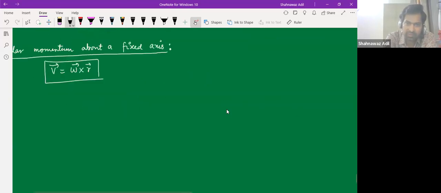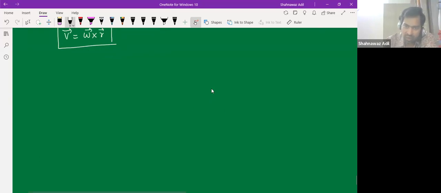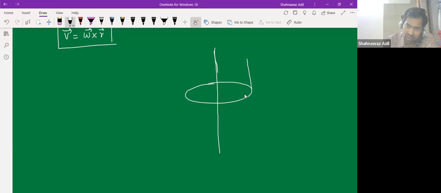Let's say we have an object which is moving in a circle, and this is the axis of rotation, right? Let's say this is the velocity. Or let's write a 3D representation.